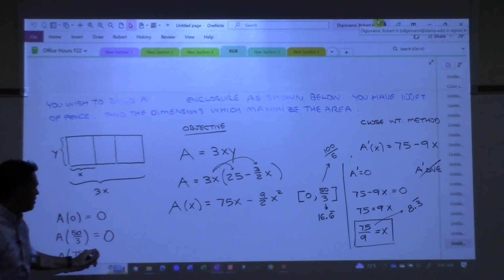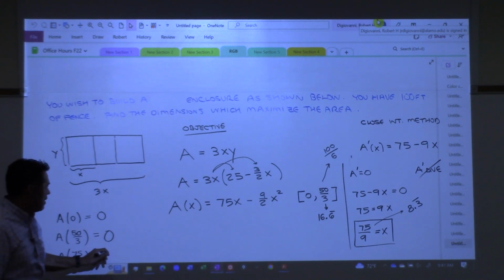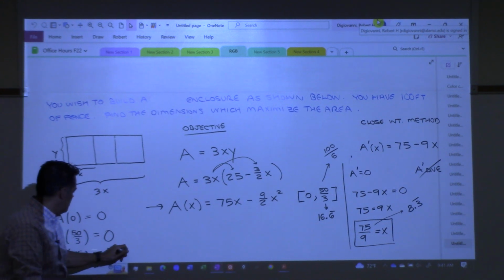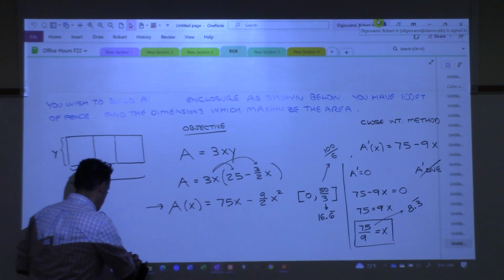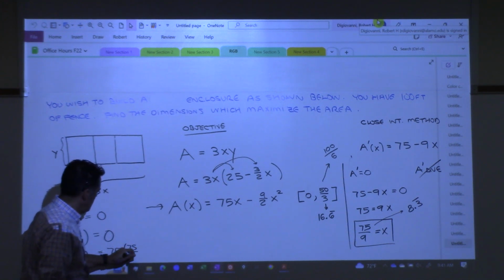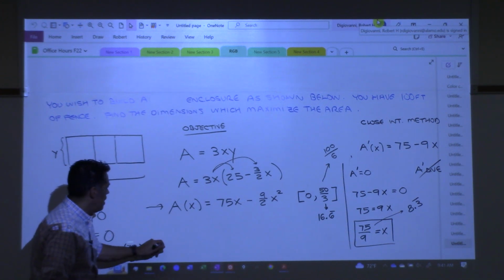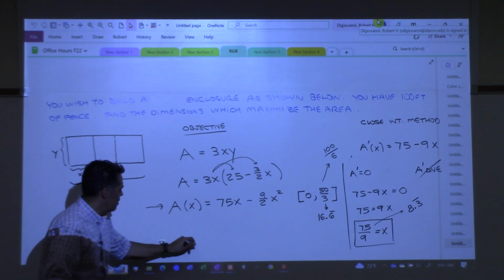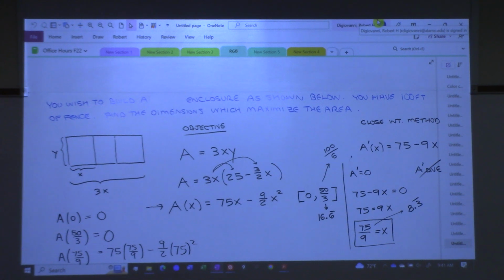Plugging it in, though, is going to be a little bit of a pain in the butt. Let me try it. I'm plugging it into this. It's 75 times 75 over 9, minus 9 over 2 times 75 squared. Does anyone have that yet?